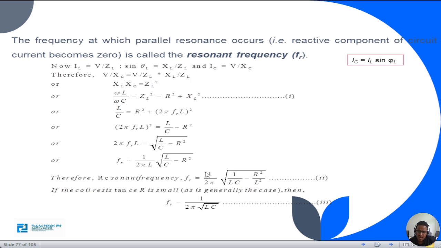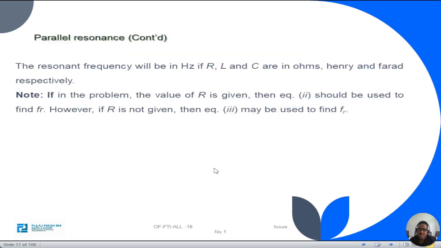So for the resonant frequency of a parallel circuit that includes R, you can simplify to this one, equation 2. If R is small, that is negligible, then as we did previously, XL balances with XC, and we get FR equals 1 over 2 pi under root of LC, the third equation. The resonant frequency is in hertz if R, L, and C are in ohm, henry, and farad respectively.